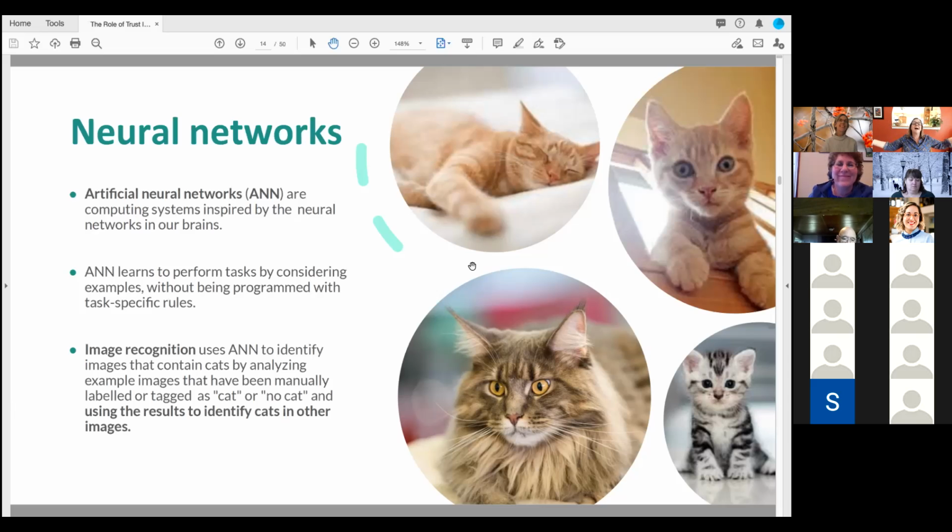So we'd spend the whole time populating the neural network with what's a cat and what's not a cat, and then start adding more and more images, more and more information, so that the network would build itself to start to interpolate what is a cat. Then maybe it could look at a lion and say, oh yeah, maybe that's a cat. But it could look at a dog and say, no, that's not a cat. So it's building based on what it already knows.